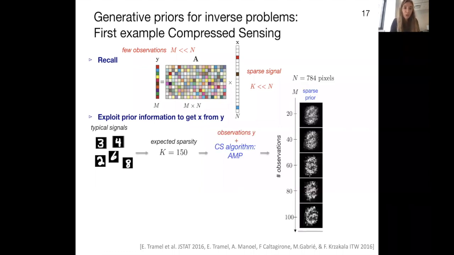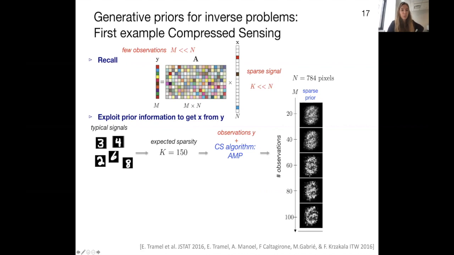Then with the observations and one CS algorithm, here we used approximate message passing, which is an algorithm that I didn't mention, but is one of the many that you can use to solve compressed sensing. We can then look at how the sparse prior is helping the reconstruction as we increase the number of observations, the number of measurements.